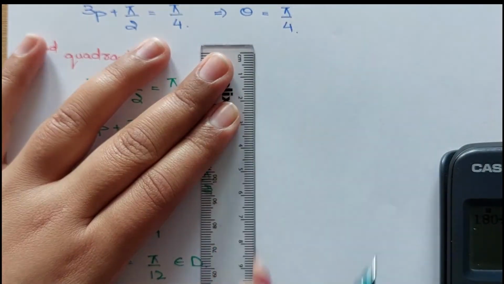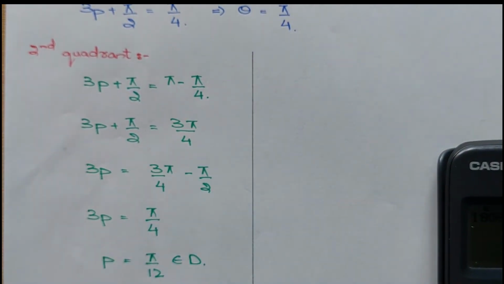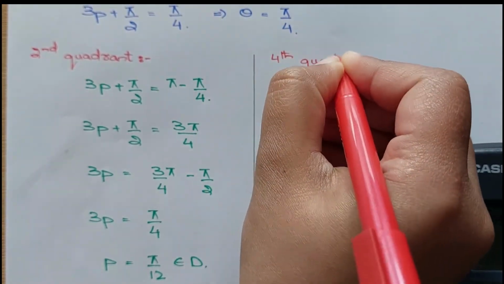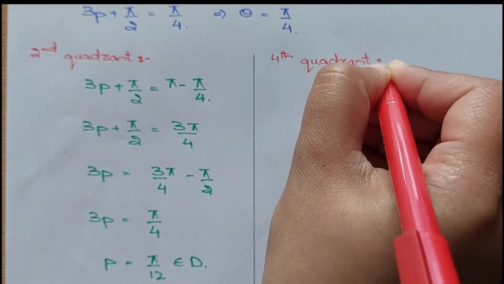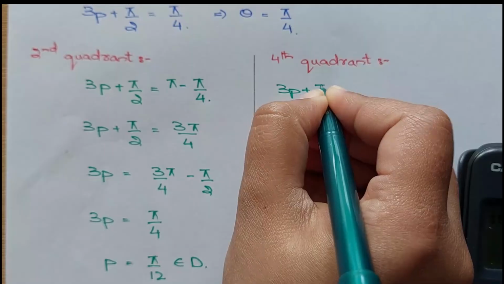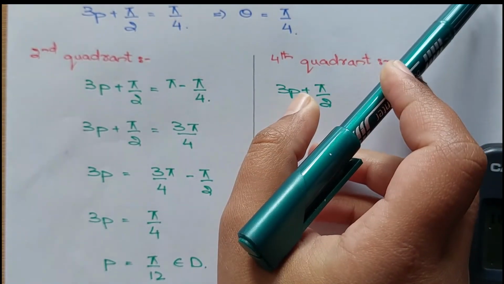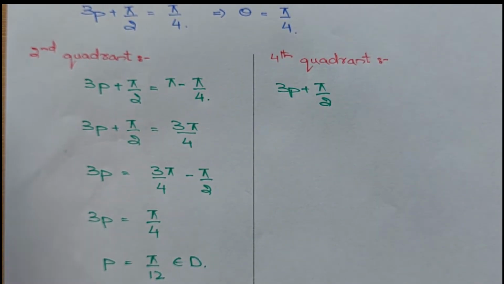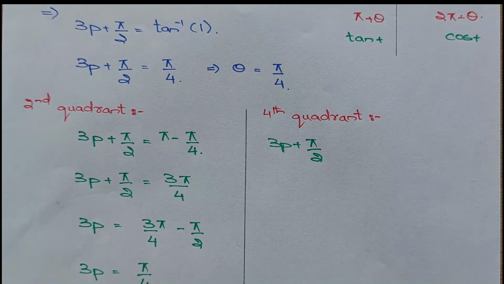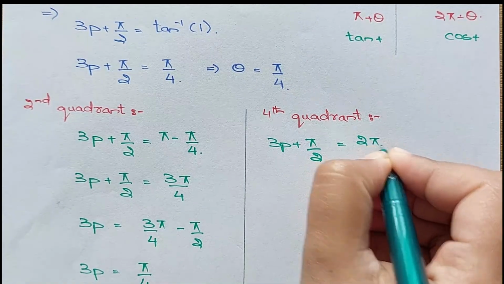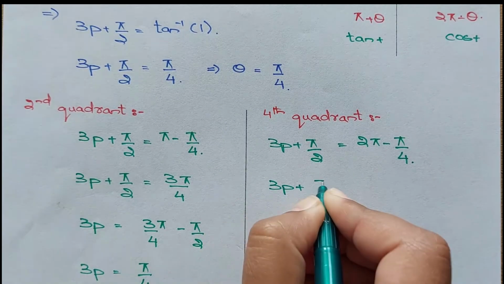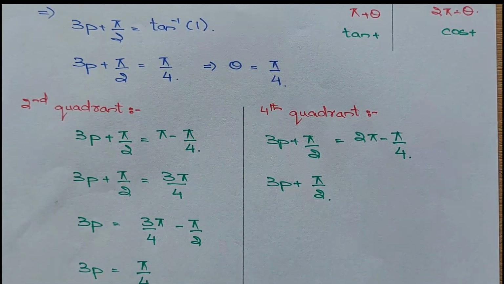So for the fourth quadrant, we can say 3p plus pi by 2 is going to be 2 pi minus the theta value. Theta is pi by 4, right? Yes, 2 pi minus pi by 4. So 3p plus pi by 2 is 2 pi minus pi by 4.